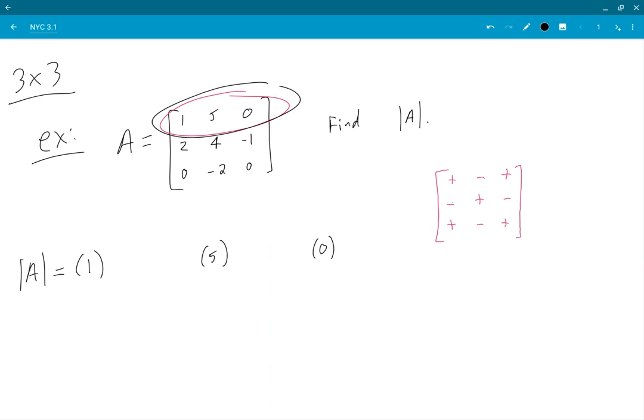I took these numbers, 1, 5, 0, and wrote them down with some space in between. And then I will take my signs over here and put in a plus here, a minus for the 5, and then a plus for the 0.